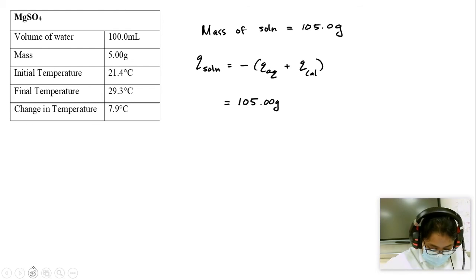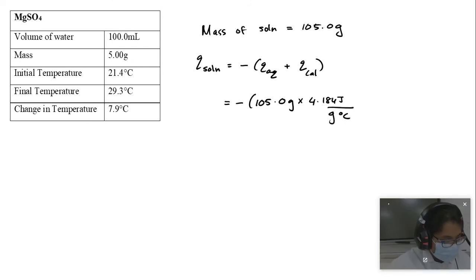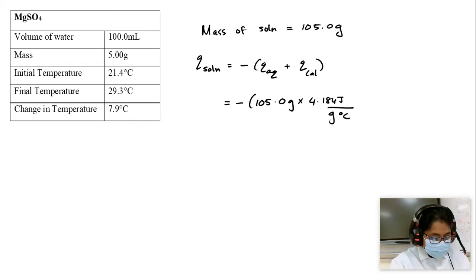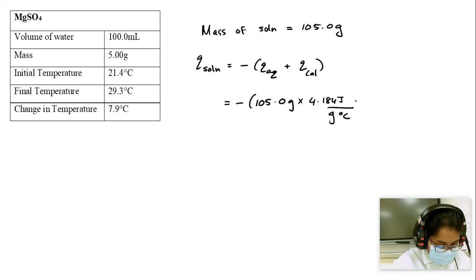Ooh, I forgot the negative sign. So let's do 105 grams of solution times 4.184 joules per gram degree Celsius. That's going to be our specific heat capacity for the water times my delta T here. My delta T here is not 7 grams, 7.9 degrees Celsius.